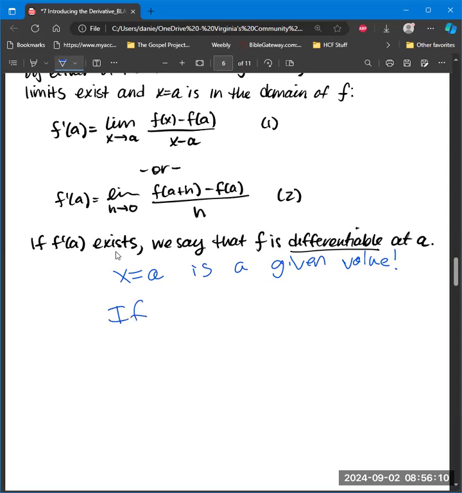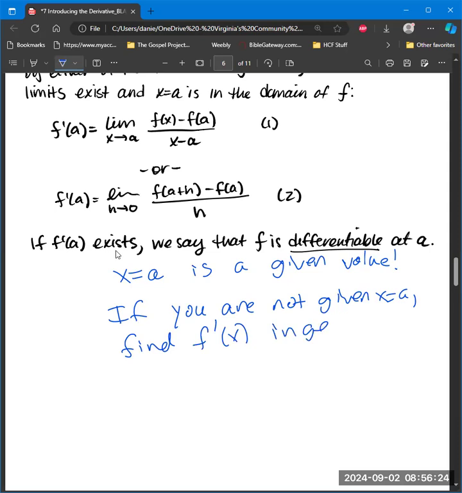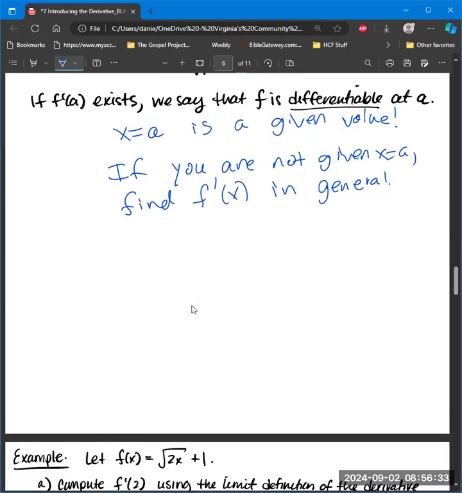If you are not given x equals a, find f prime of x in general with the techniques that we just talked about earlier, using this function here. F prime of x is equal to the limit as h goes to 0 of f of x plus h minus f of x divided by h. Okay.